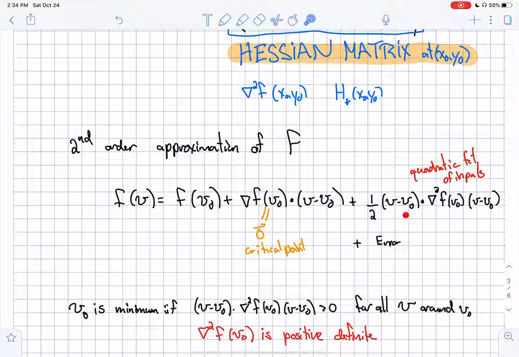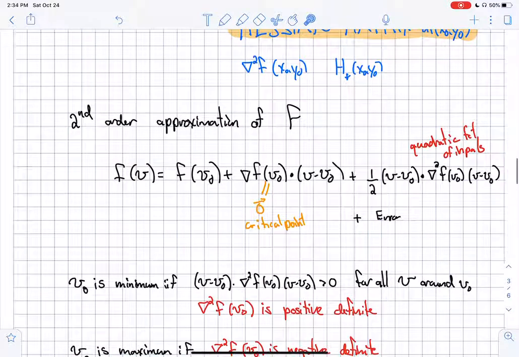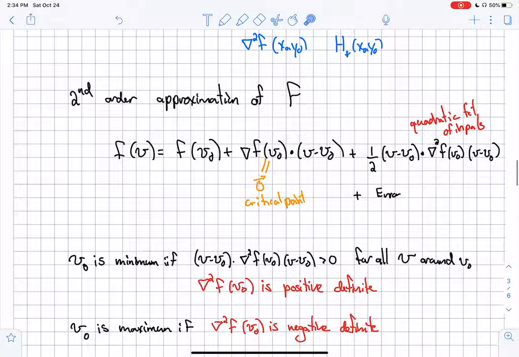And that's a property of a matrix called being positive definite. So again, v0 is a minimum if this number that I get is positive for any choice of v around v0, and that has a name for the matrix: we say that the Hessian matrix is positive definite.